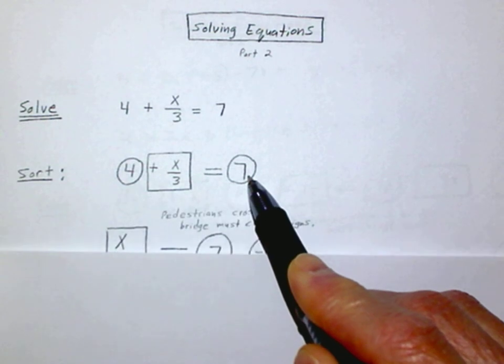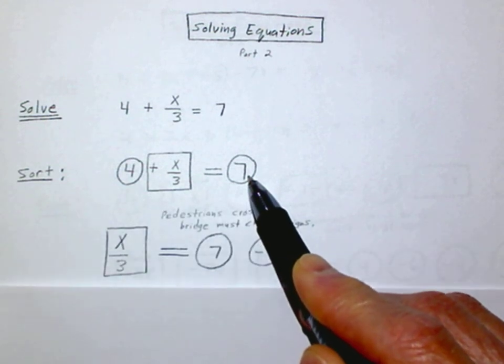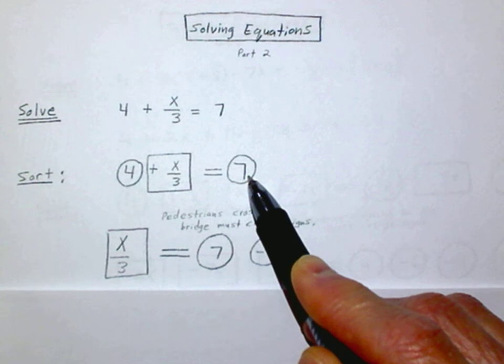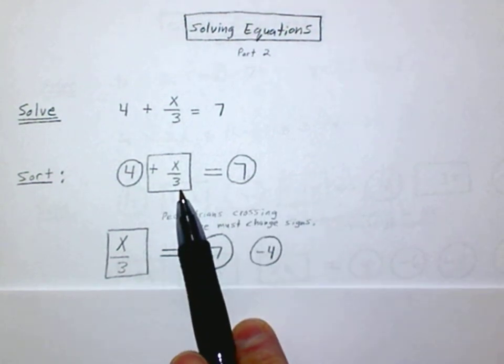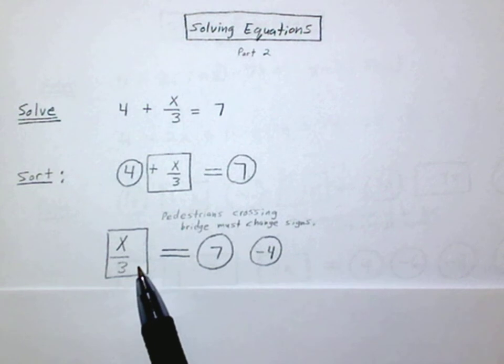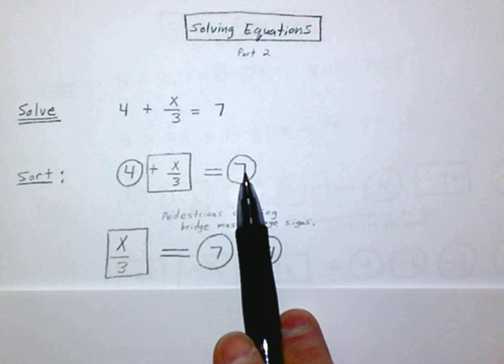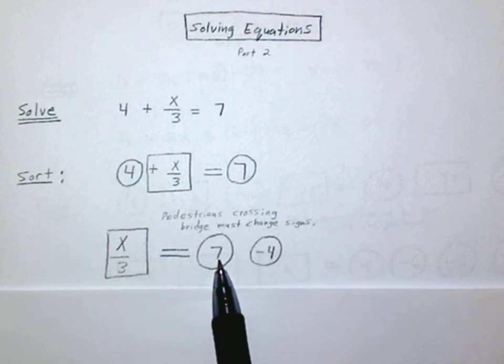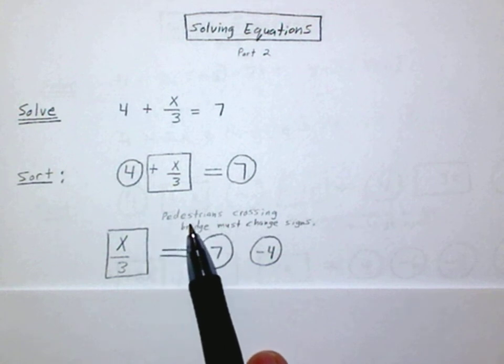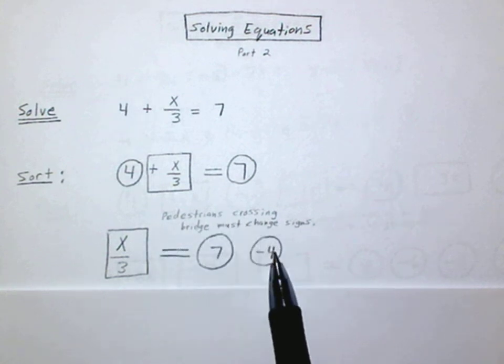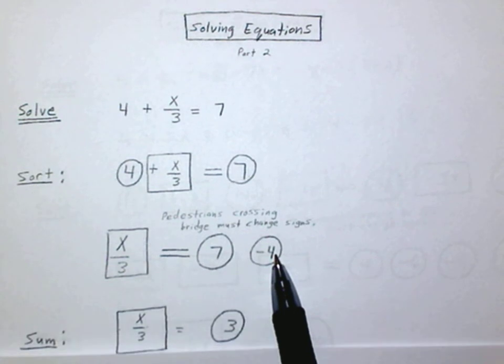Next, we want to get our boxes on the left and our circles on the right. Well, I only have one box and it's already on the left, so I'll just leave it where it is. I have a circle on the right, it can stay on the right. This circle needs to move across, change signs, and become -4.